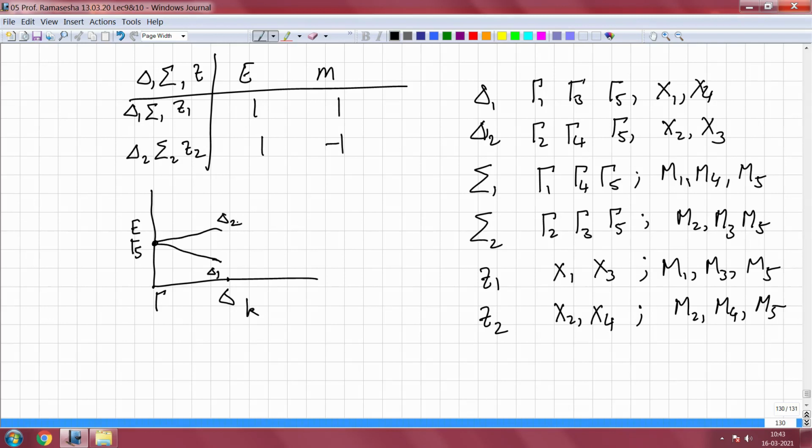So, you see how the energies are going to be splitting. You can write down, and similarly you can show from going from delta point to the X point what happens, and so on and so forth.